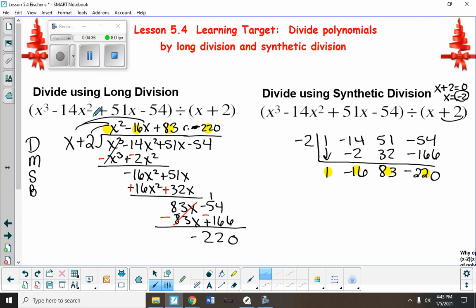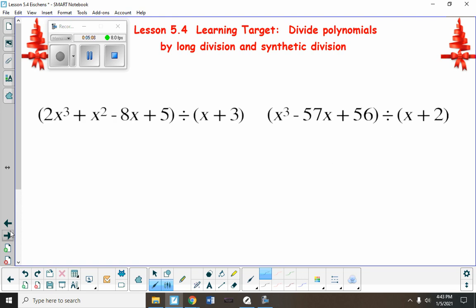When you're dividing into x to the third, you start out with an x squared. So if this is x to the third, you write x to the second right here, minus 16x plus 83, and then that's your remainder. So it's x squared minus 16x plus 83 with a remainder of negative 220. There you go. That's using synthetic division.